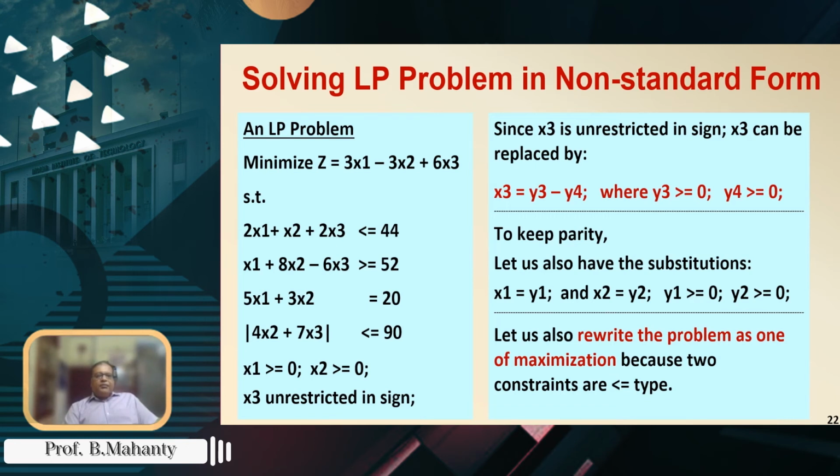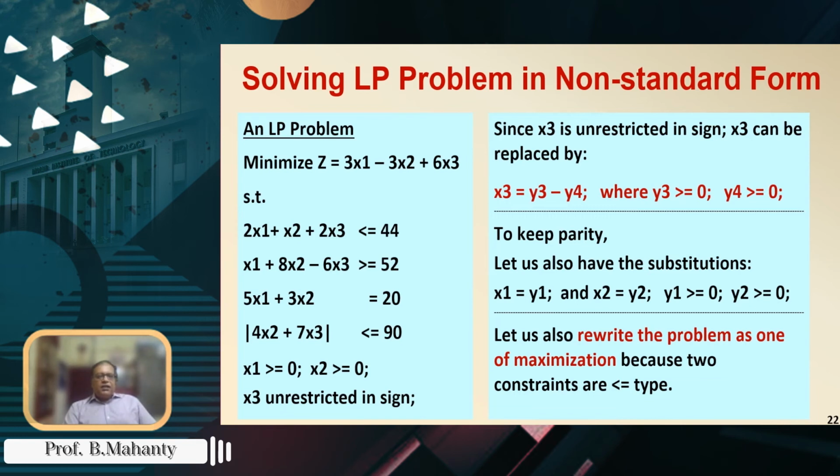the variable types, we know that x3 should be replaced by y3 minus y4, is it not? And x1, x2, no issue. So to transform into the y domain, we can say y1, y2, and y3 minus y4 for x3. All right.